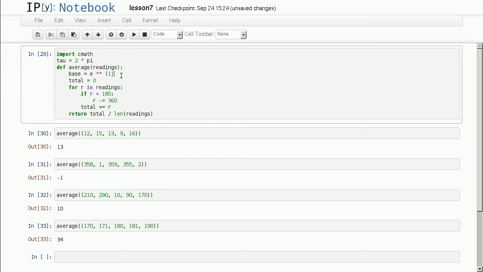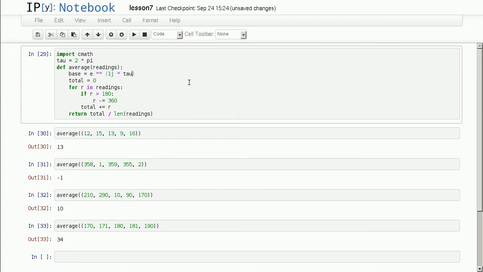So you can think of that as pi. Now if I just stop there, this base would be a complex number that is on the unit circle and is 1 radian around the unit circle from the positive real axis. If I multiply that by tau, that makes it 1 turn around the circle. So this ends up back at 0 degrees or at 1.